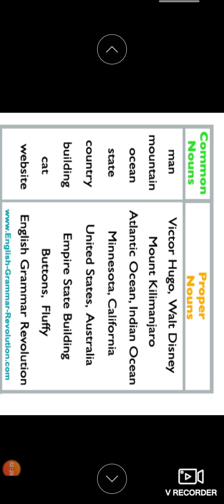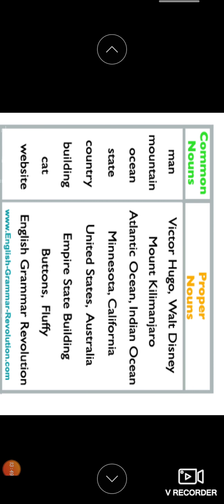A mountain's name can be Mount Kilimanjaro or Mount Kanchenjunga or K2. Ocean can be Atlantic Ocean or Indian Ocean. State can be Minnesota or California. But here, children, let us take our Indian state names, like Karnataka, Maharashtra, Kerala, Tamil Nadu, right?